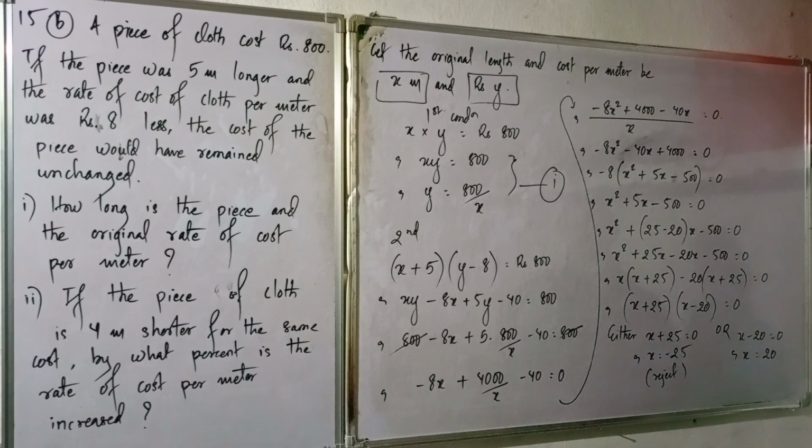So x represents the length of the piece of cloth. How long is the piece and the original rate of the cost per meter?